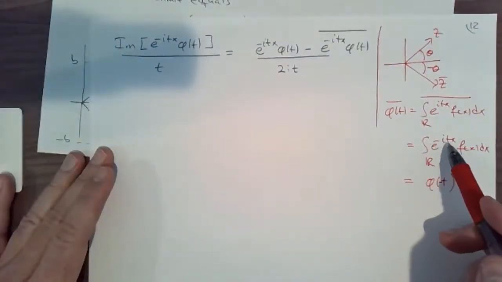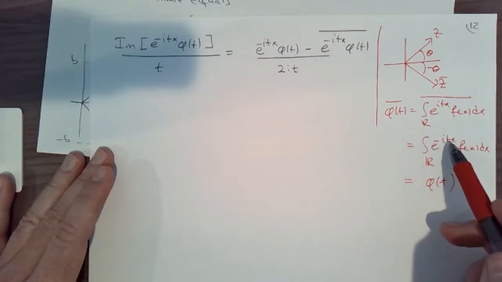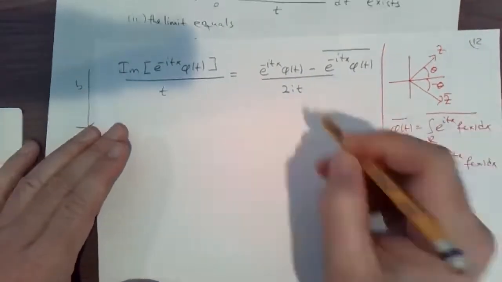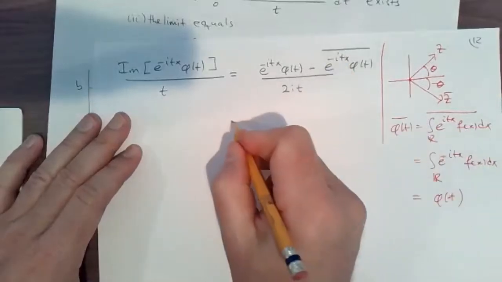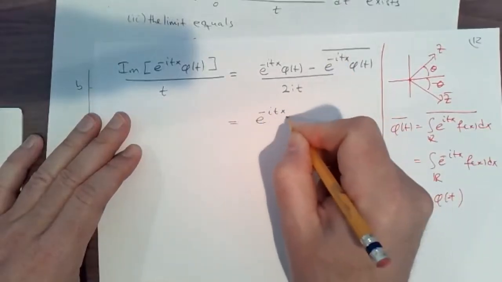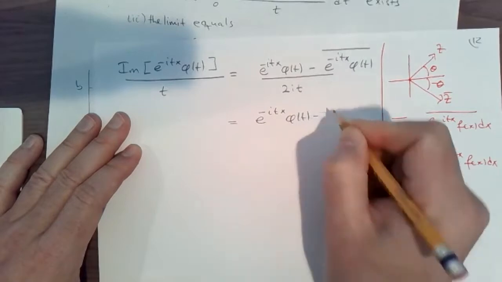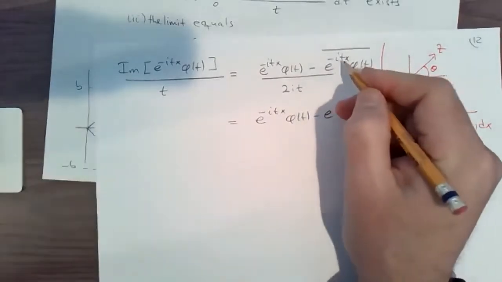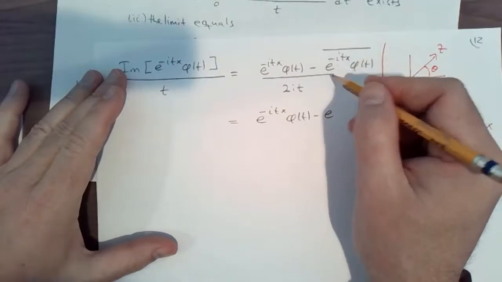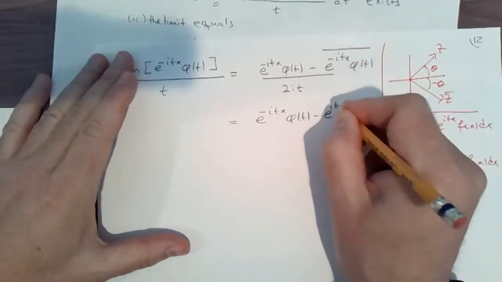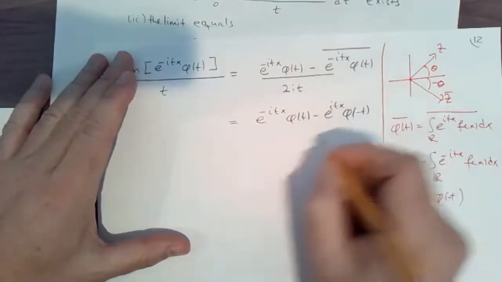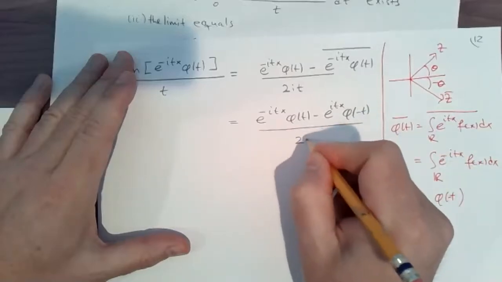Right, instead of having a t, I will have a minus t here. So that will allow me to re-express that mess we have up here as e to the minus itx phi(t) minus, and then the conjugate of a product, I have to do the product of the conjugates. This will be e^(itx) and then phi of minus t, everything divided by 2it.